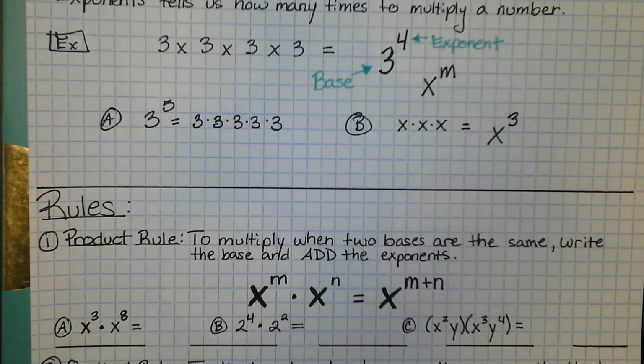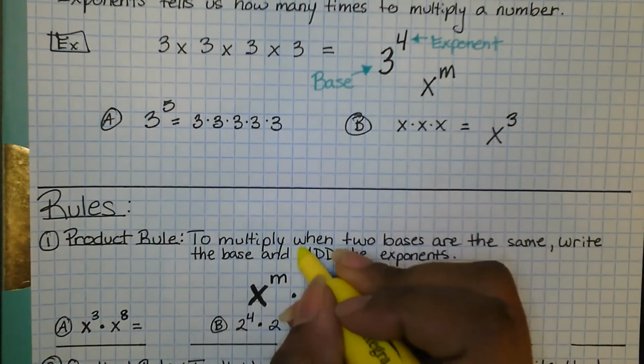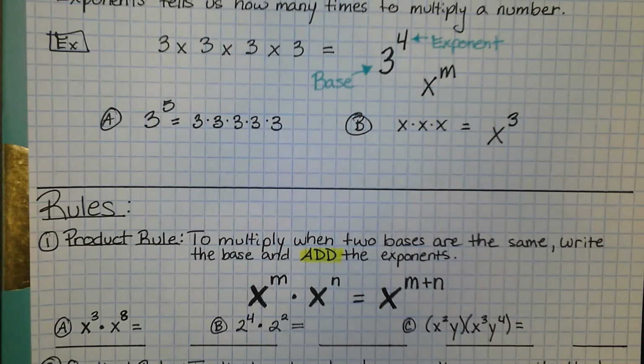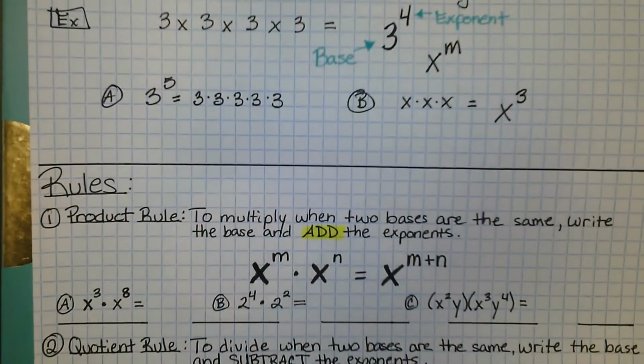In the rule, x to the m power times x to the n power, they have the same base, the exponents are just different. We're going to keep the base and just add the exponents. We have a few examples right here.